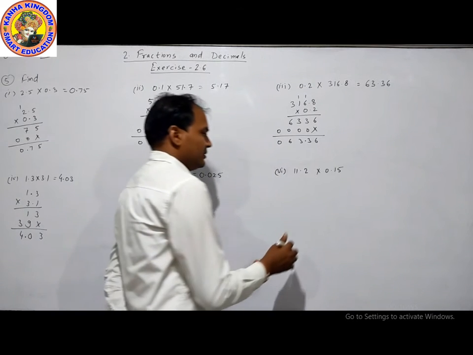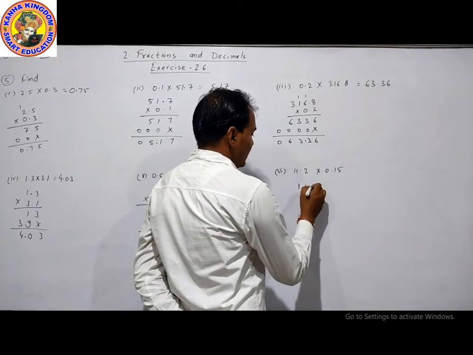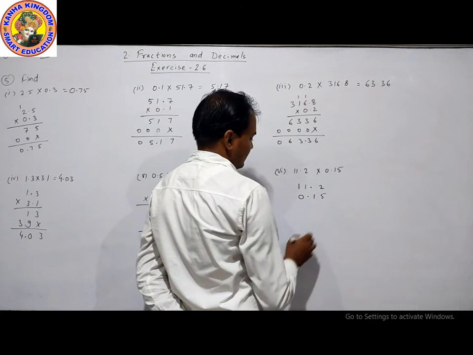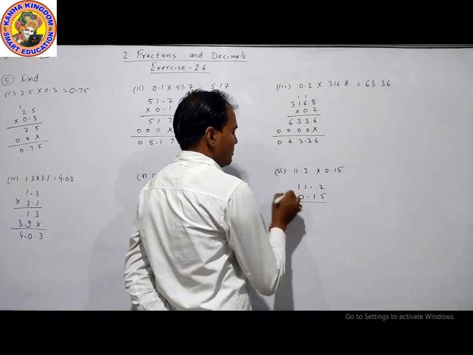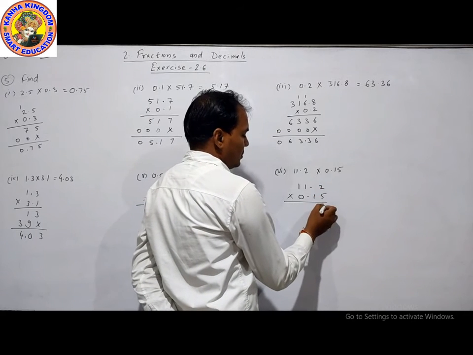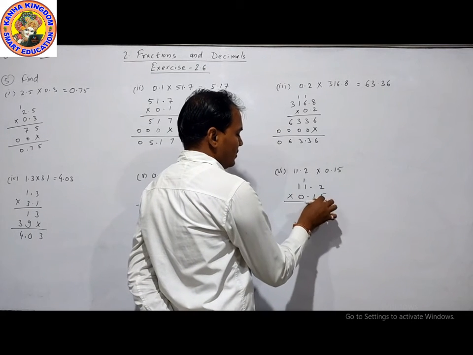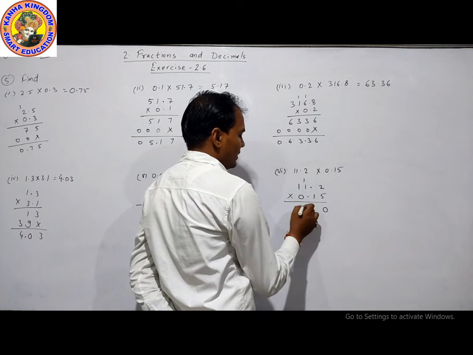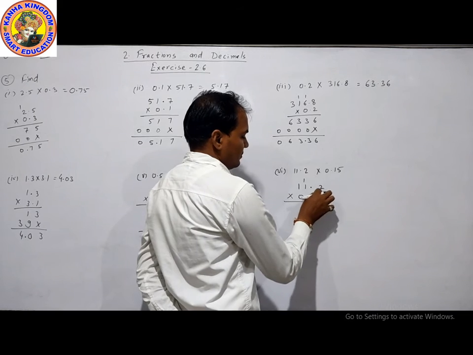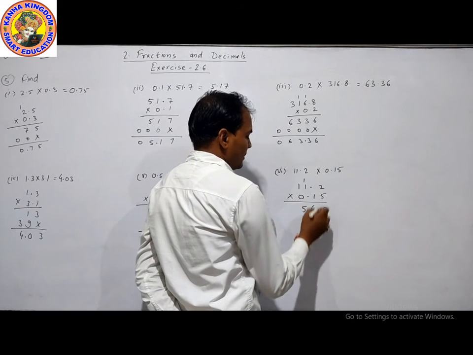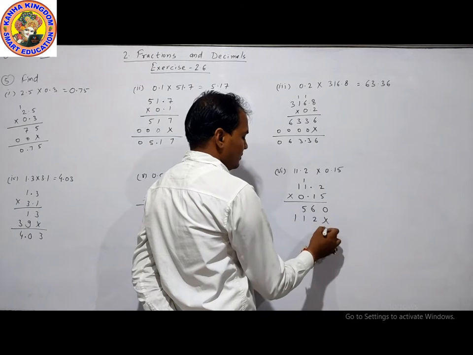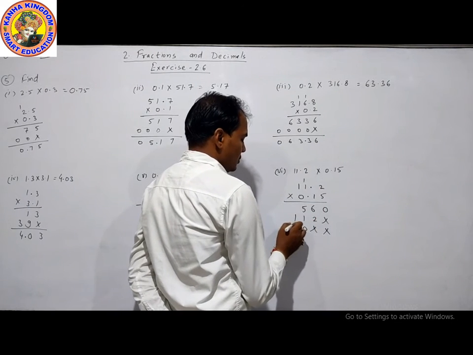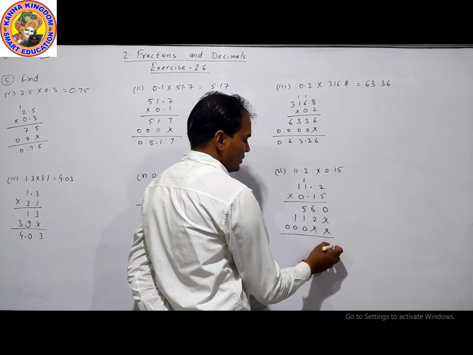The next is 1.2 multiply 0.15. This is our question of multiplication. 5 into 2 is 10. 5 into 1 is 5, plus 1 is 6. 5 into 1 is 5. Now adding these.